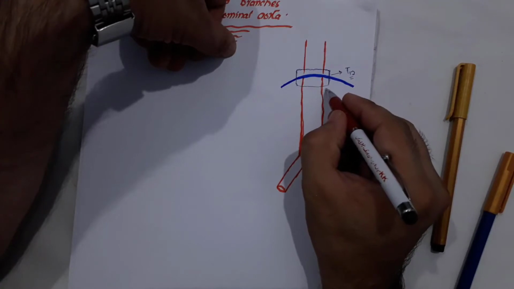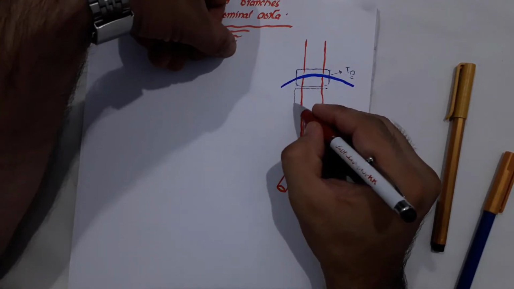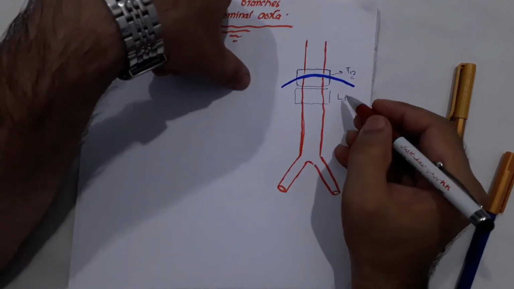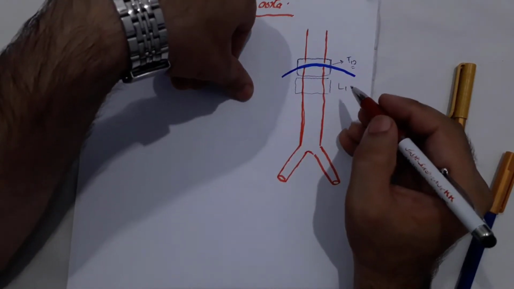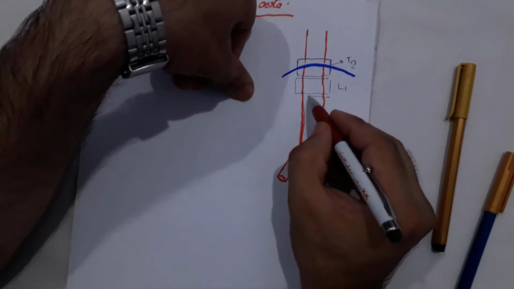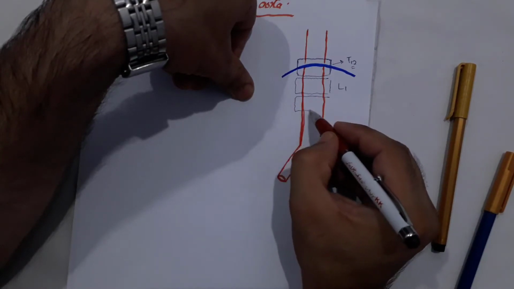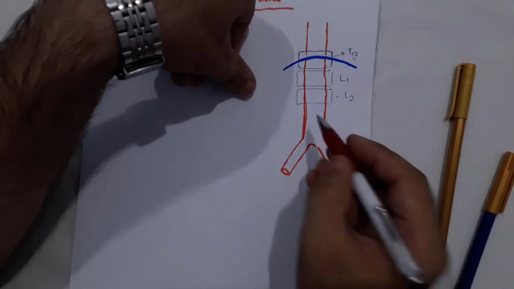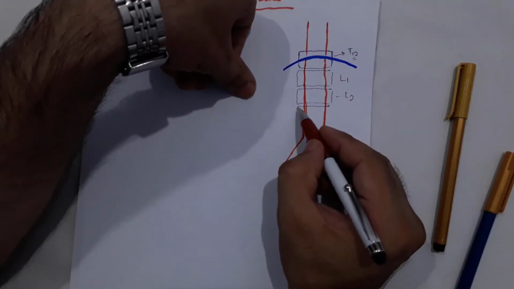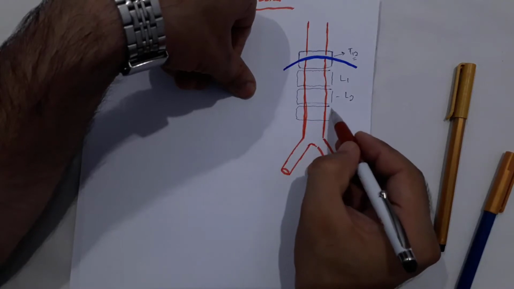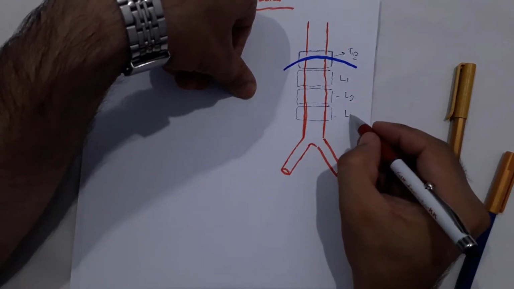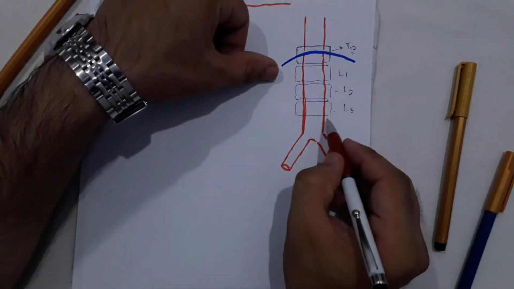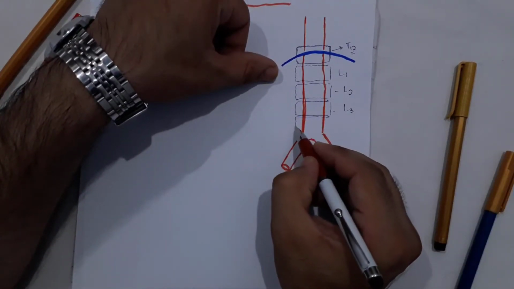This level is the L1 vertebra, below it is the level of L2, then L3, and going below, the level of L4 vertebra.